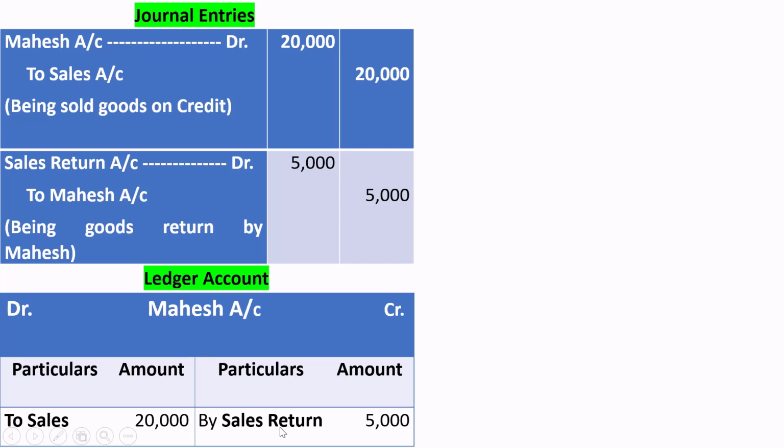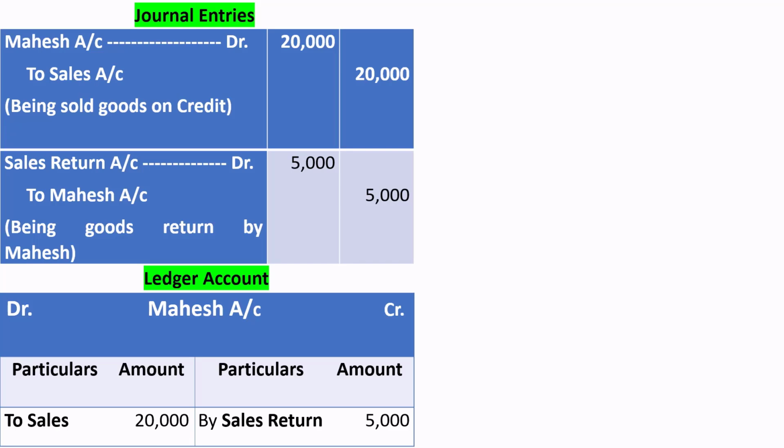So Mahesh account is credited by rupees 5,000 just to reduce his debit balance. Mahesh is a debtor and a debtor always has a debit balance in his account. So we have to reduce the debit balance of Mahesh by 5,000 rupees.